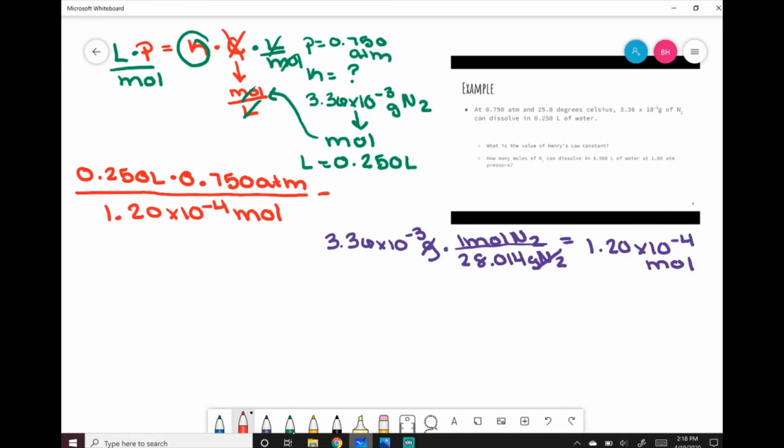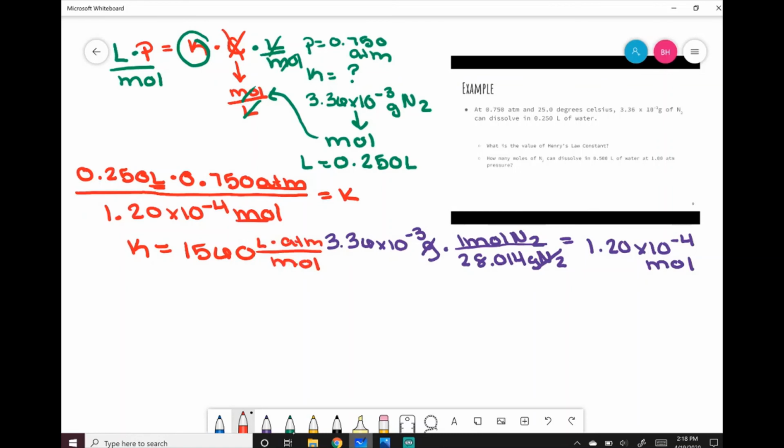And this is going to equal K. And my K ends up being, it's kind of a big number, 1560. And what are its units? Well, its units are liters, atmospheres, and moles. So I'm going to have liters times atmospheres divided by moles. And so this is the K for nitrogen at this temperature.